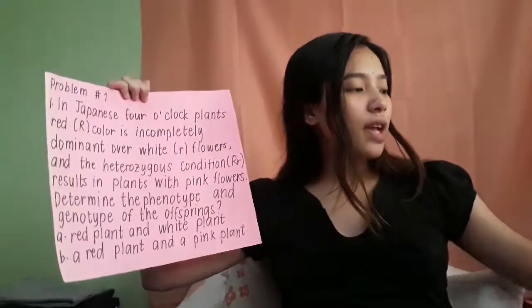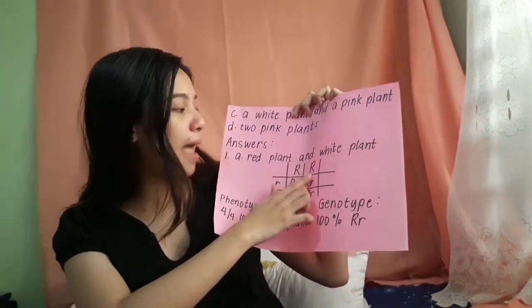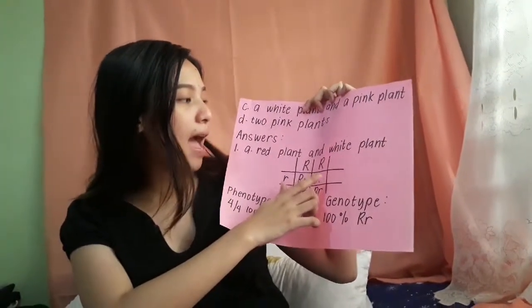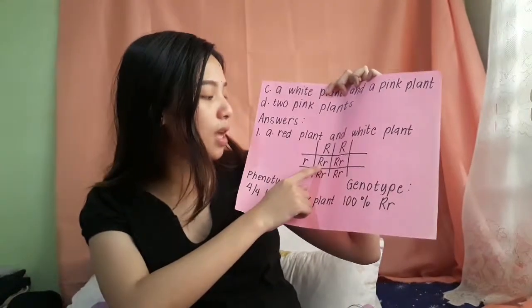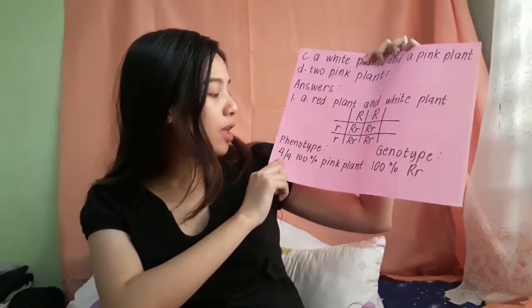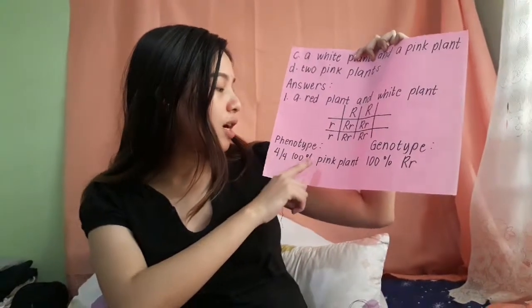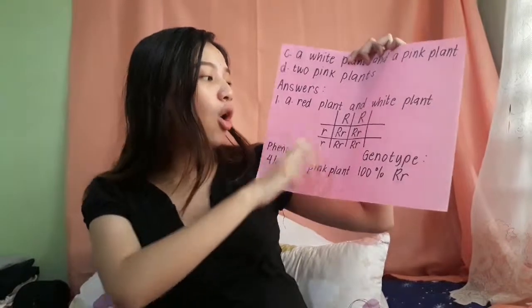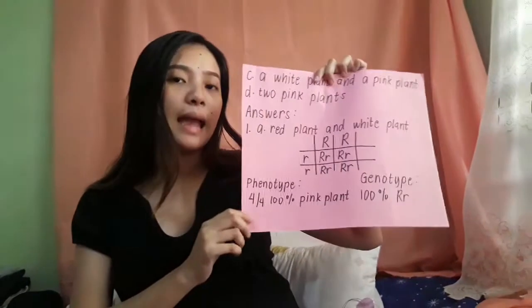For letter A, we have a homozygous red plant and a homozygous white plant. If we cross that, the phenotype will be 4/4 pink plants. All of the offspring are 100% pink plants.